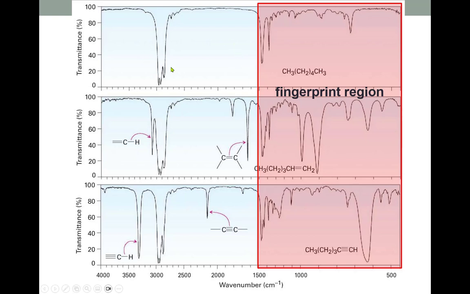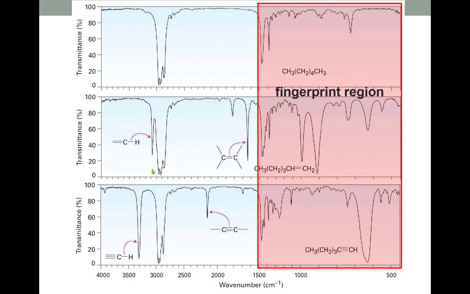But if we look at what we can see here, these are all 6 carbon molecules, just all single bonds. We have a double bond, we have a triple bond, and we can see those differences. While they all have the alkane kinds of bonding in this conglomerate of peaks around or just under 3,000 wave numbers, we can see that terminal alkyne showing up as a nice sharp peak just above that point. This one's around 3100 or almost 3100.